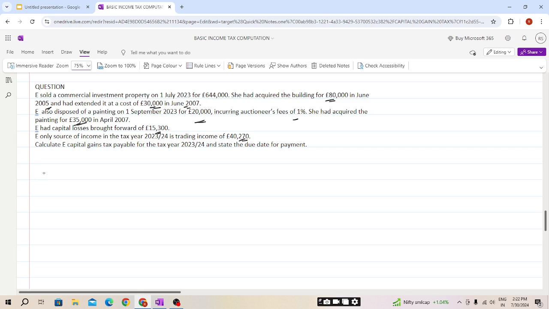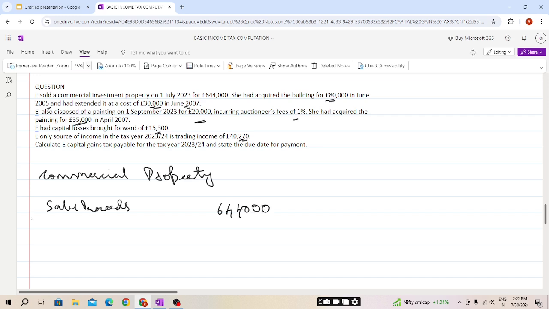First we need to calculate the chargeable gains for the commercial property. And it is commercial property, students, it is not a residential property. Please do not confuse between residential and commercial. They clearly specified. So all will be of one tax rate only, students. So it will be our sales proceeds 644,000 less any cost she has incurred for selling.